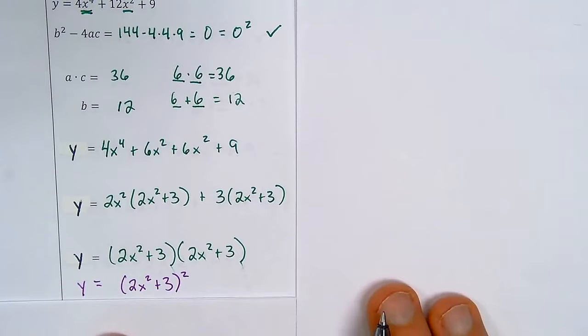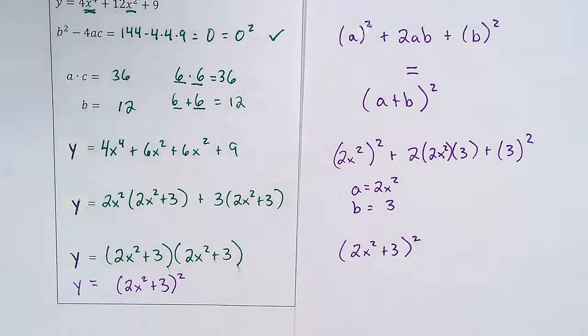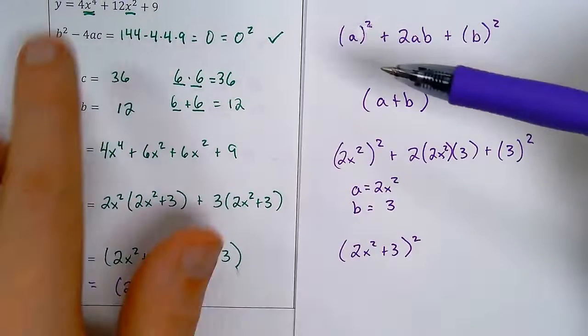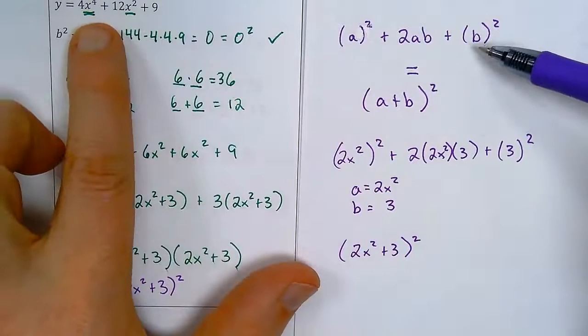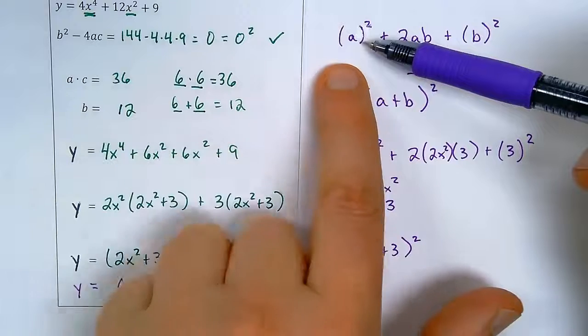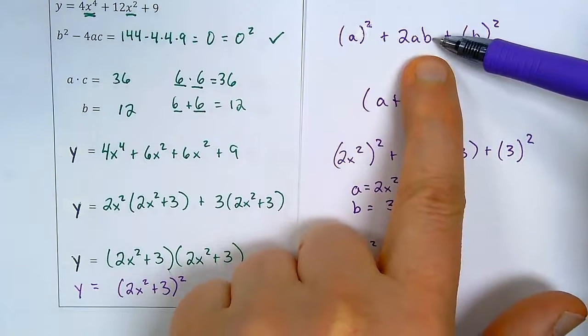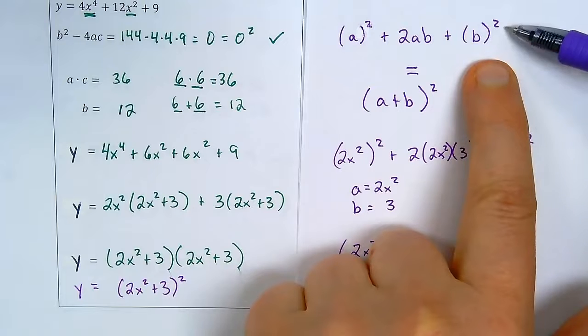And on top of that, some students have a formula that they consult when they see a very specific form, which I'll show you now. It's not one that I spend a lot of time talking about, but it is a way you could approach this problem. If you have the foresight to recognize that this quadratic is of the form first term squared plus 2 times first term times second term, plus second term squared.